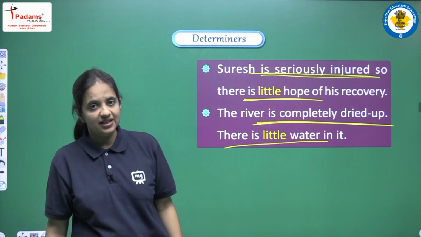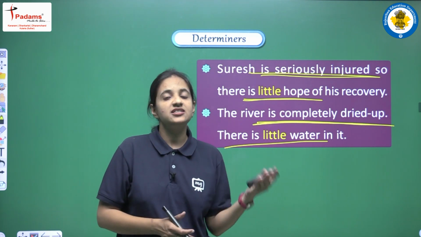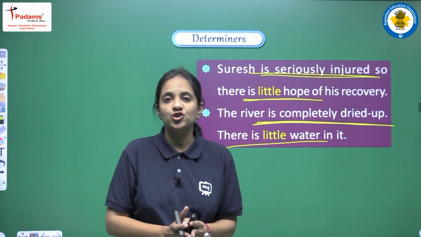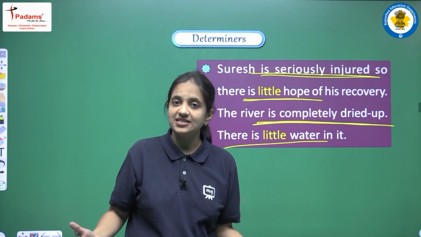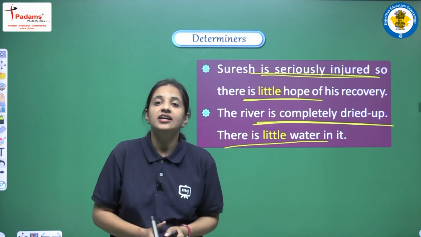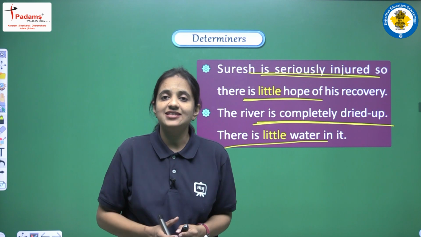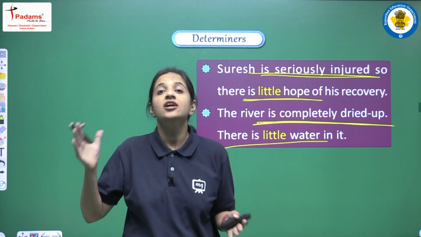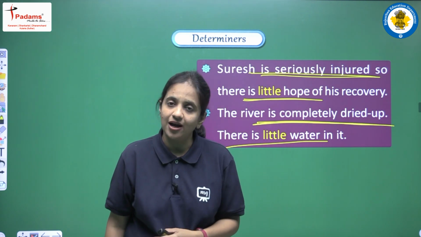So little is used before uncountable nouns, and its use is just like few. Both few and little are used to show negativity, to create a negative sense in the meaning when we are trying to say that the quantity or the amount was very less, just like nothing. In that situation we can use few and little: few before countable nouns and little before uncountable nouns.